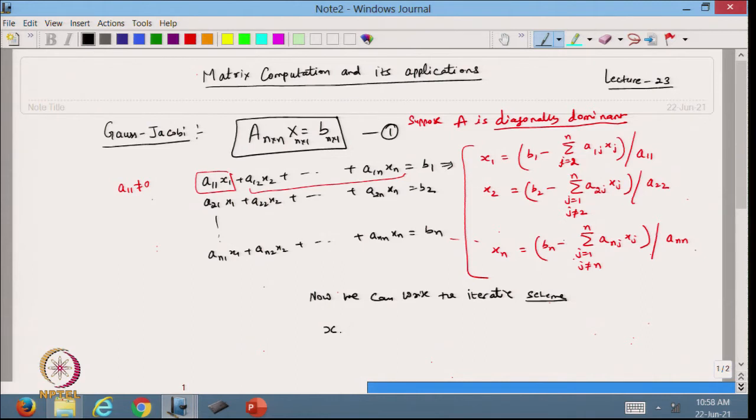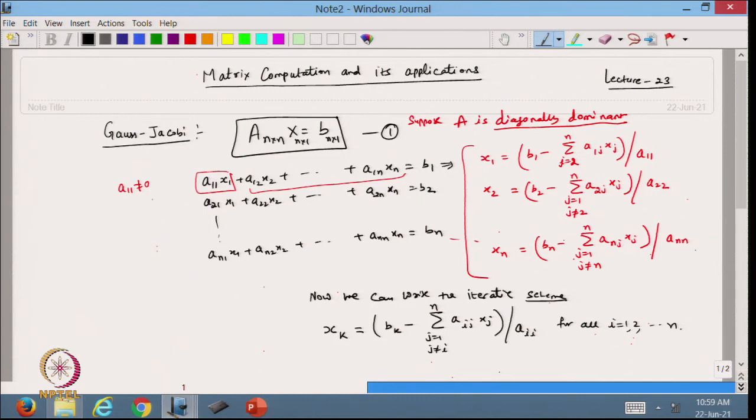So, I can write my x k as b k minus summation j from 1 to n a I j x j, j is not equal to I, divided by a I, and this is true for all I is equal to 1 2 up to n.